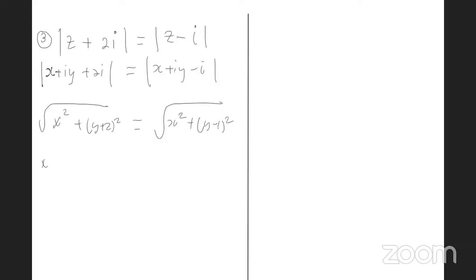Square both sides, you'll get x squared plus y squared plus 4y plus 4 equals x squared plus y squared minus 2y plus 1. x squared and y squared canceling off still. Nice. And you'll be left with 6y is equal to minus 3. Yeah, minus 3. So y is minus a half.